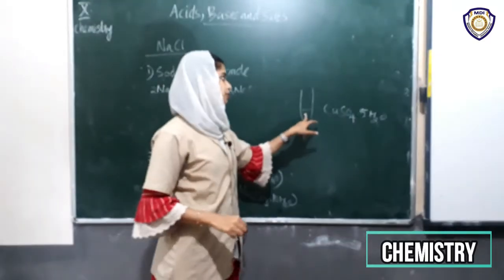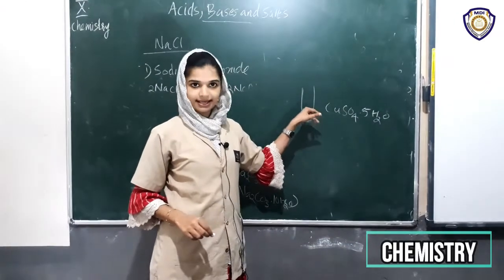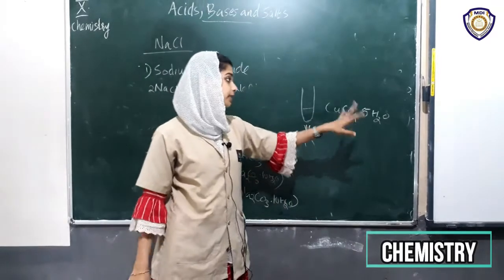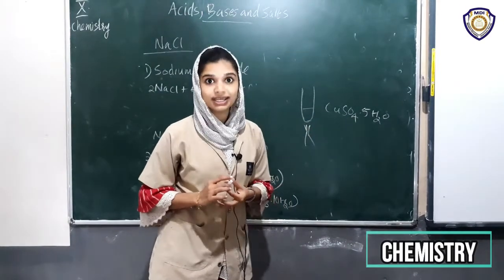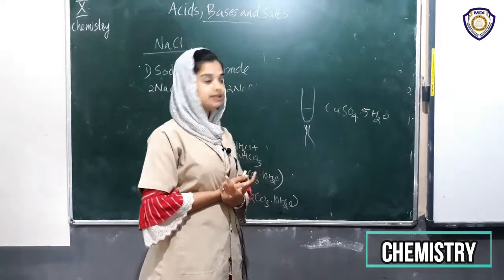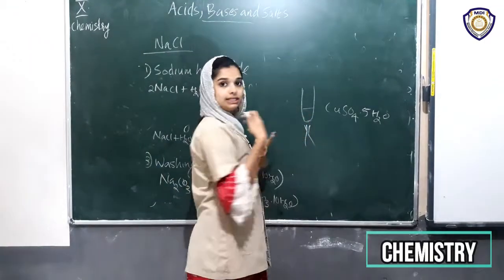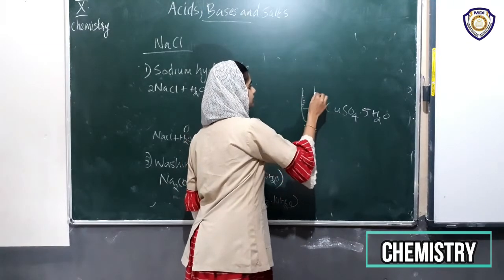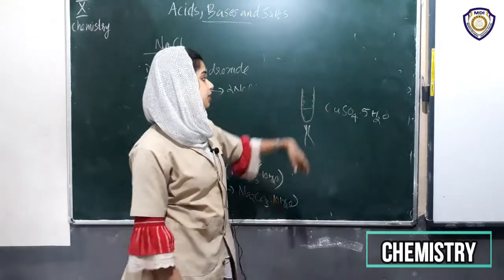Let's take some copper sulfate crystals in a test tube. I am going to heat this. What happens? Copper sulfate crystals are blue in color. When we heat them, its blue color will disappear, and small water droplets are seen on the walls of the test tube.